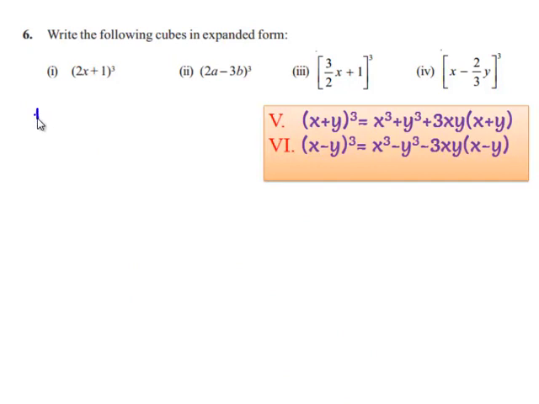Coming to the second bit, which is (2a - 3b) whole cube. This can be compared with the sixth identity, which is (x - y) whole cube is equal to x cube minus y cube minus 3xy multiplied by (x - y).